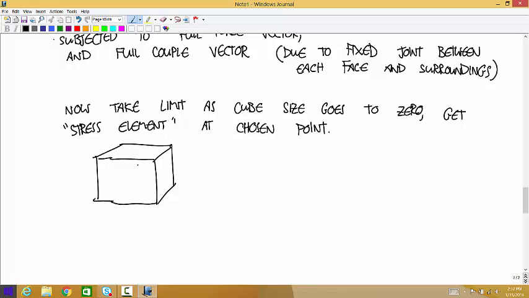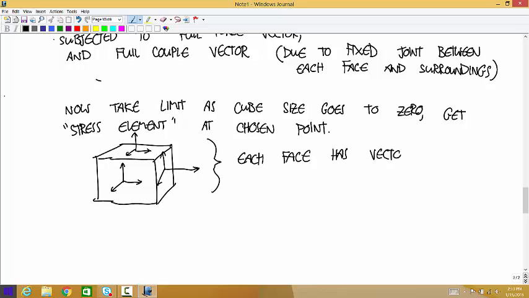And so we're left with a thing like this, where each face has a vector of force per area loads. The couples go away in the limit.